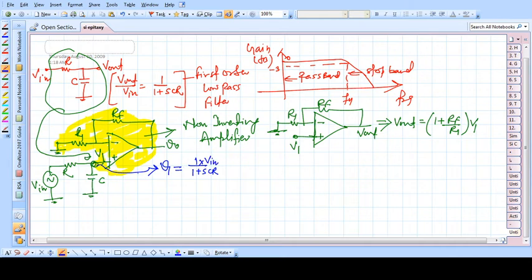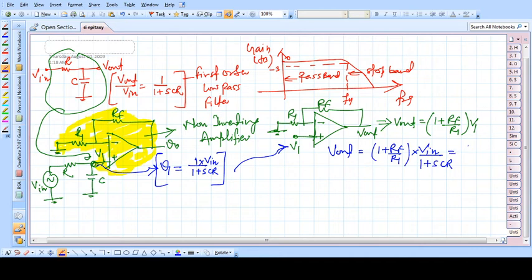V1 is V in times 1 by SCR; if we solve this one it will give V1. Now this V1 we know, so we put it in the expression V out equals 1 plus RF by R1 into V1, that is V in by 1 plus SCR. Now we can write this as AF V in into 1 plus SCR.